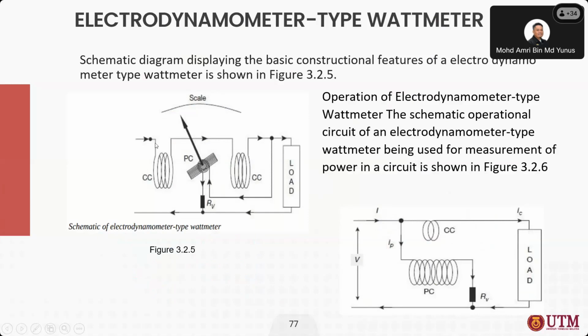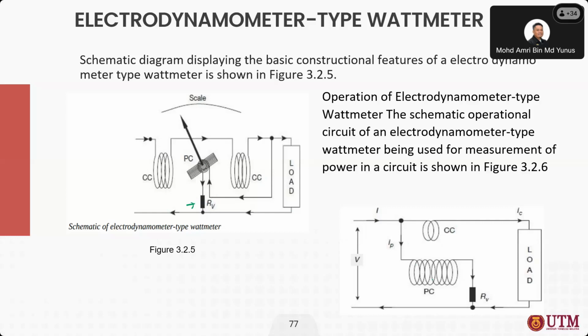Still, we have the fixed winding on both sides, and in the middle there is the rotation or moving coil. But the current, as you can see, is split or limited. The current that flows to the winding is limited by this RV, or shunt resistor here.